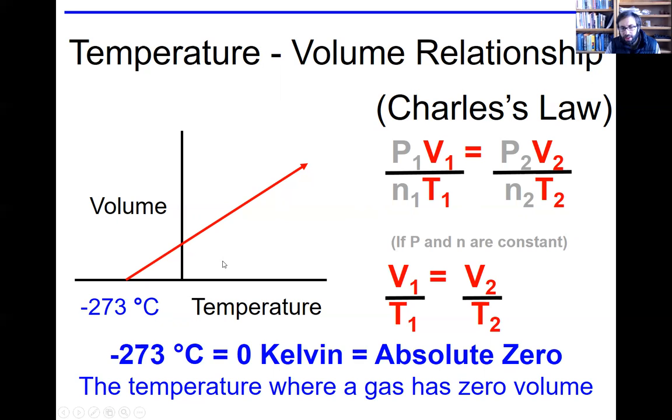But anyway, where this idea of 0 Kelvin that Lord Kelvin discovered came from is he just measured, using Charles' law, the volume of different gases, and then he just extrapolated the line down to 0. Of course, he didn't actually do these experiments at 0 Kelvin or close to 0 Kelvin, but he just saw, well, where would the volume theoretically be 0 for the gas?